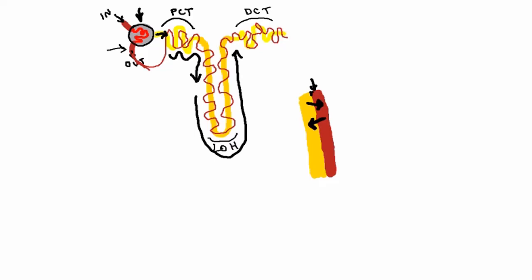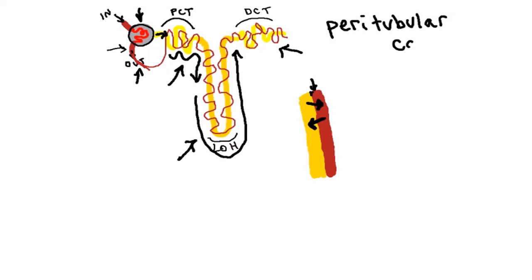And all of these capillaries that wrap around the DCT and the PCT and the loop of Henle that come from the efferent arteriole, these are called peritubular capillaries.